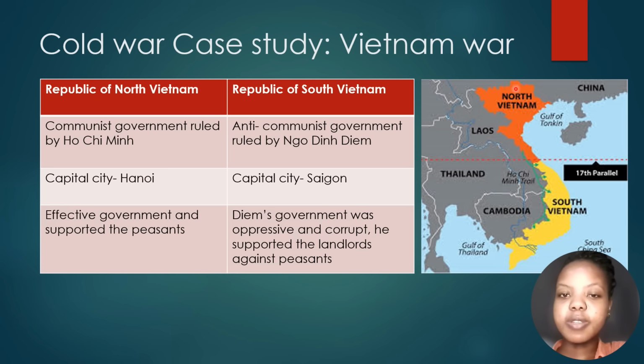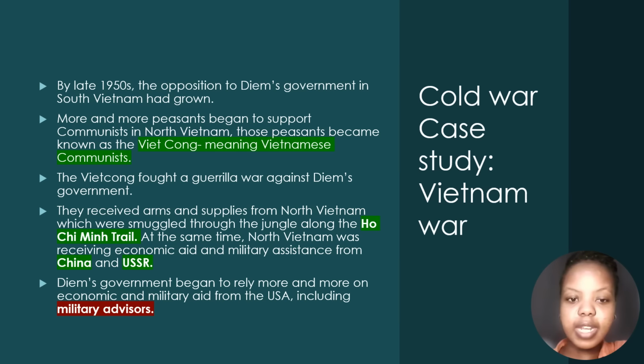In terms of the government, the government in North Vietnam was effective and they supported their peasants. And then the government in South Vietnam was oppressive and corrupt. They supported the landlords against their peasants. So this information will help you to structure your argument. So you need to understand the different parts of Vietnam, and I hope you do. Moving on to the next slide.